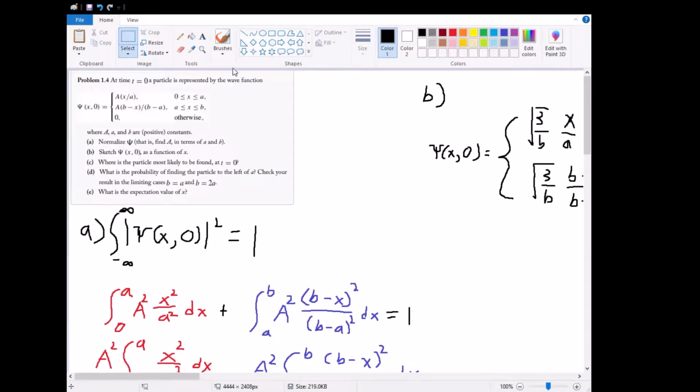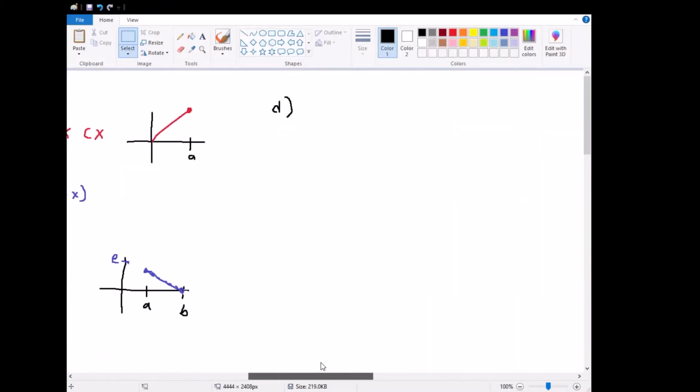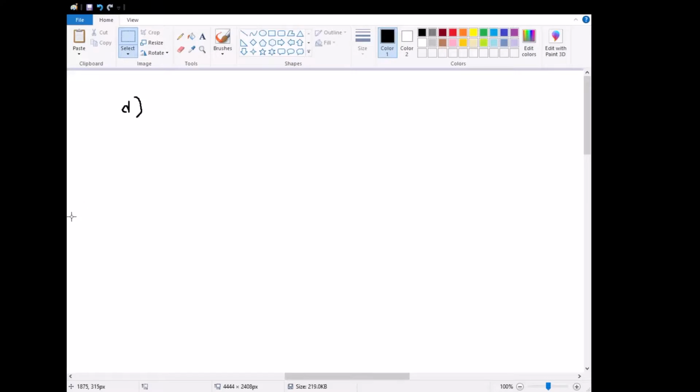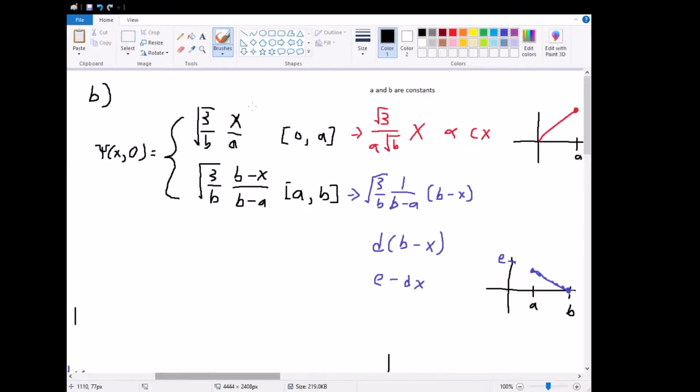In part D, we want to find the probability of finding the particle to the left of a. And we want to check our result using two limiting cases, where b equals a and b equals 2a. The first thing we should do is set up our integral. To the left of a, from 0 to a, we have psi of x defined using the function square root of 3 over b times x divided by a.